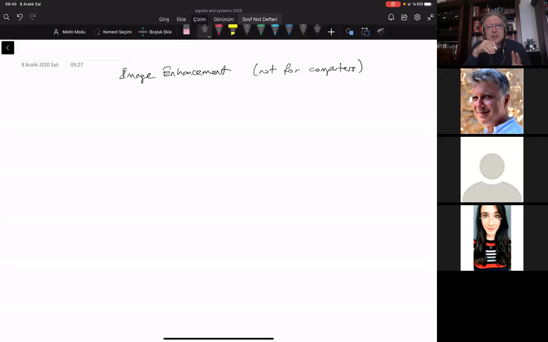So pre-processing is, in many cases, there are some exceptions, of course. If the noise level is too high, then simple image processing techniques like edge detection and things like that may fail. So in order for them not to fail, you have to, of course, reduce the amount of noise.